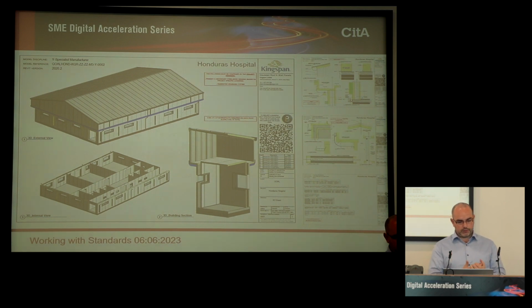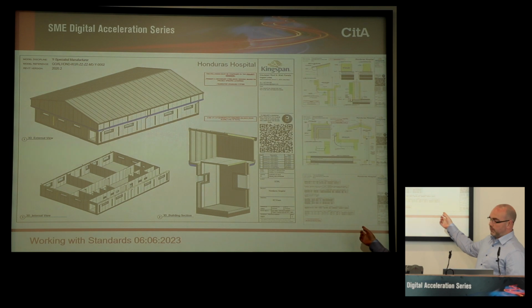With the products that we do, we're also covering multiple regions. This is a charity project that we're doing with Goal. It's a hospital in Honduras that's using panels from the UK and panels from North America. Doors are coming from the UK as well. So it's about organising this and delivering it to a BIM level 2 standard, pulling all the quantities and linking them into our ERP system for manufacturing.